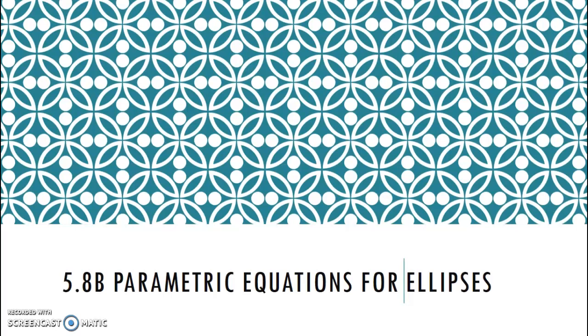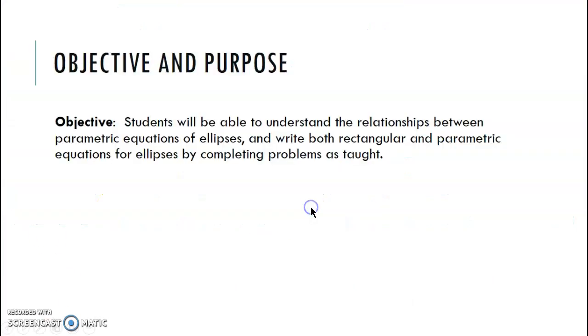Today we're going to be talking about parametric equations for ellipses and not circles. And if you're not sure what an ellipse is, we will spend some time talking about the differences between the two. So our goal for this lesson is that we are going to be learning how to write parametric equations for ellipses, write both rectangular and parametric equations for ellipses, and complete problems as taught.